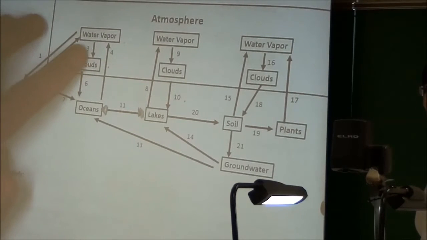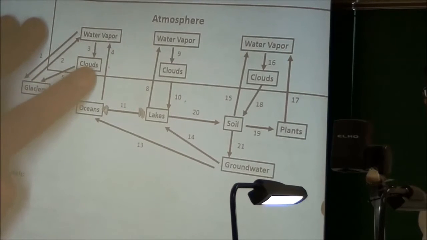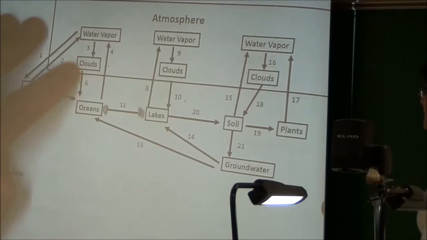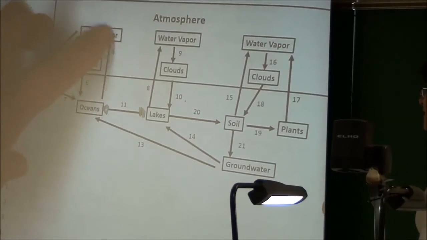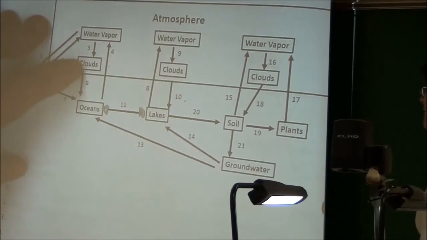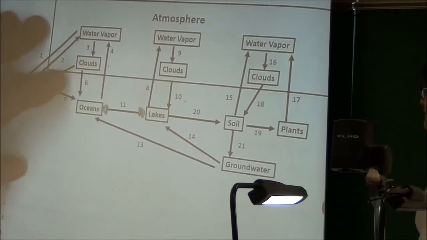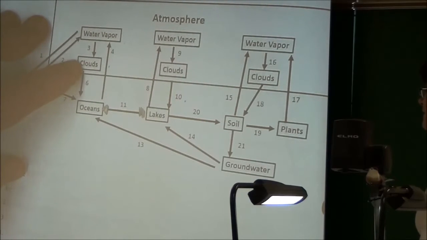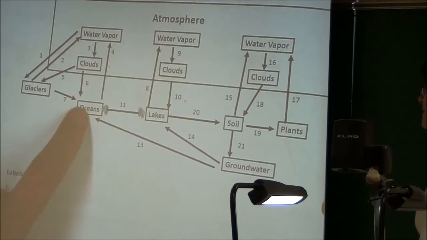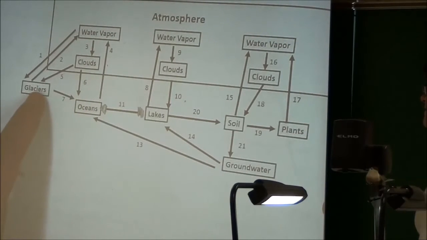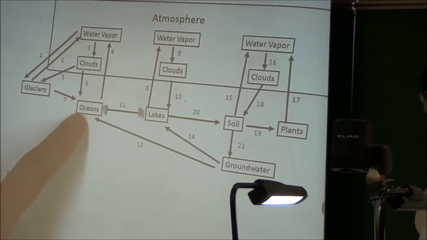Three? Condensation. Four? Evaporation. Five? That's precipitation. Clouds to oceans is precipitation. Excellent. Glaciers to oceans, runoff.